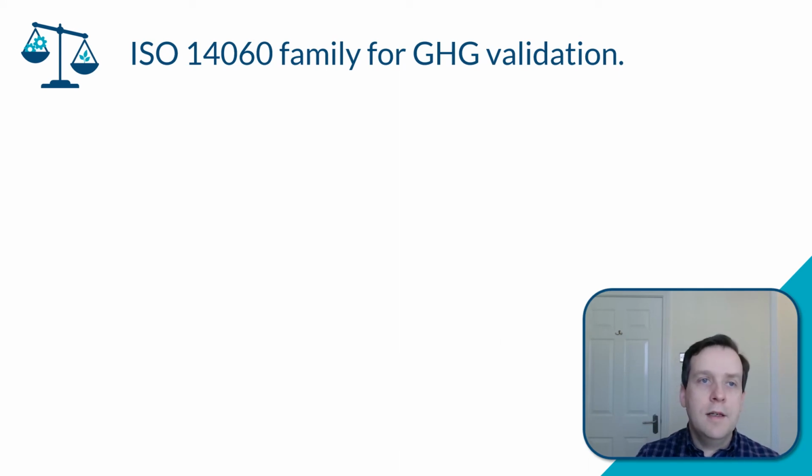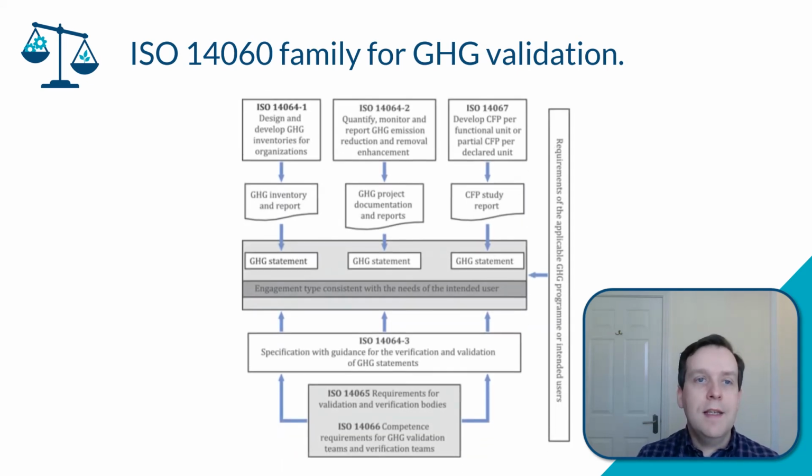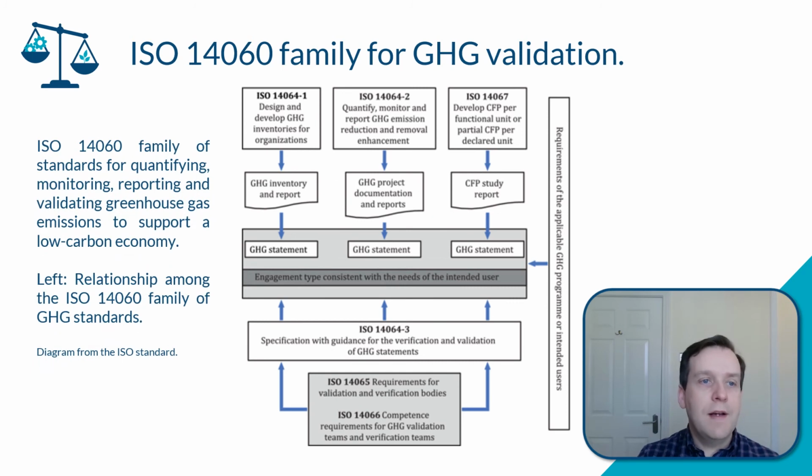ISO 14060 family for greenhouse gas validation. I'd just like to mention these standards. So it's a family for monitoring and reporting of greenhouse gas emissions, and this is the ISO standard for verification of those emissions to a common global standard. There's significant issues when businesses say they're going carbon neutral or reducing their carbon zero.